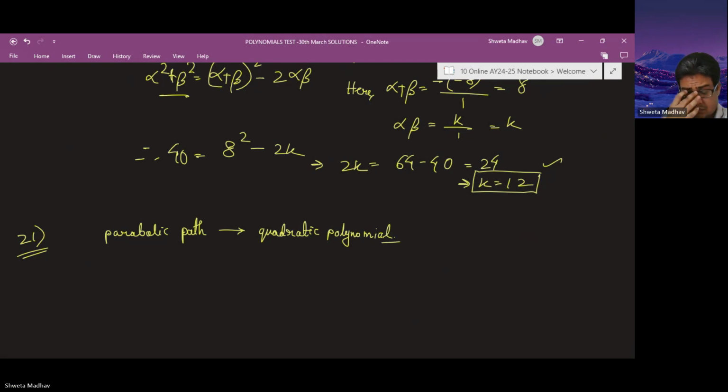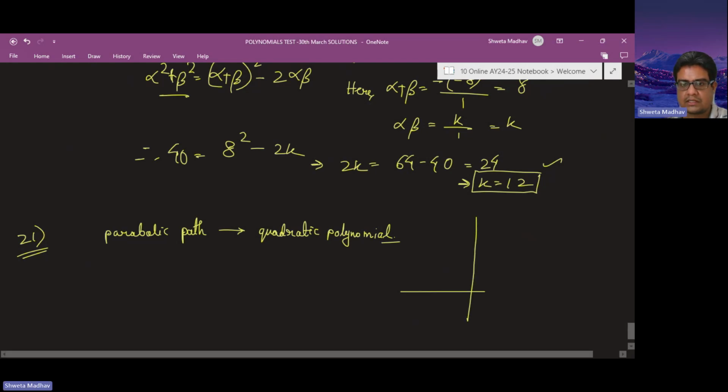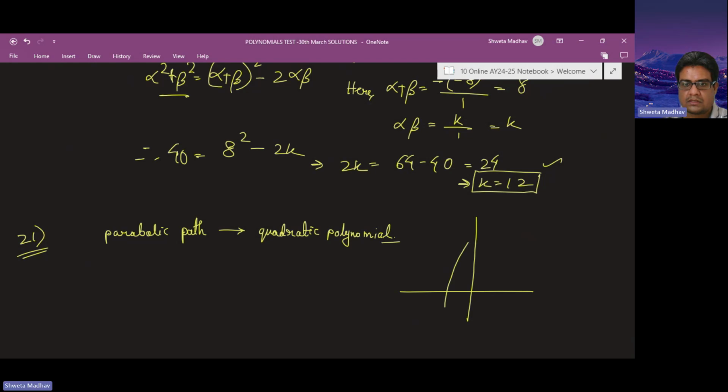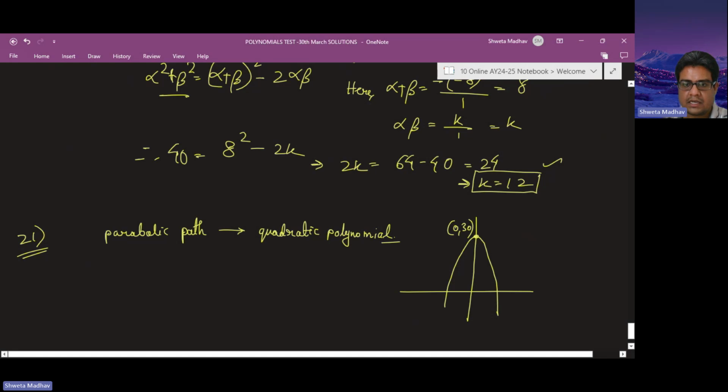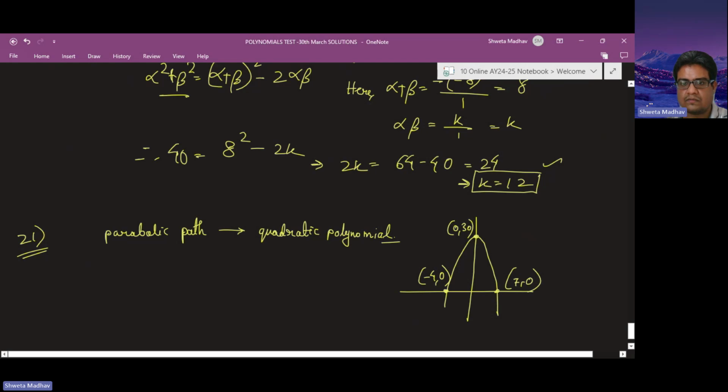Quadratic polynomial only it will come, and then it is shown that the graph is somewhat like this. It is intersecting the y-axis at the point (0, 30), and it is intersecting the x-axis at the points (-4, 0) and (7, 0).